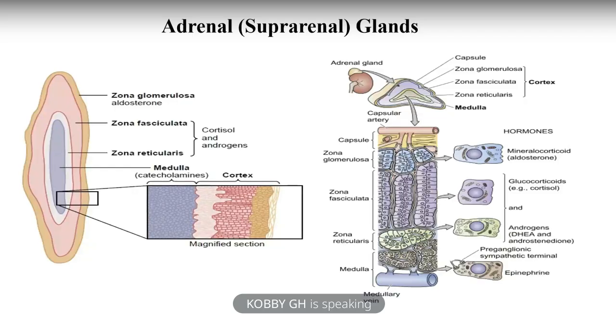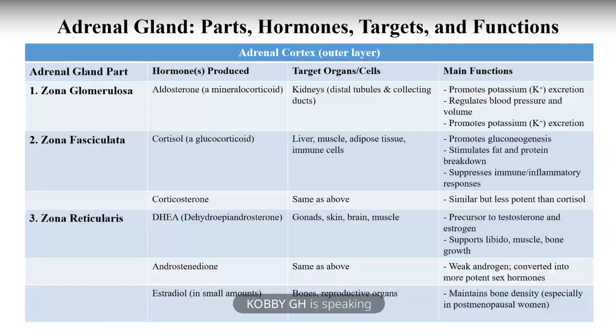Okay. After the medulla, you know the next zones are for the adrenal cortex. So after the medulla, the next layer or zone is the zona reticularis. Then the middle zone is the zona fasciculata. Then the outermost zone is the zona glomerulosa. Is that okay? So here the table also explains it.